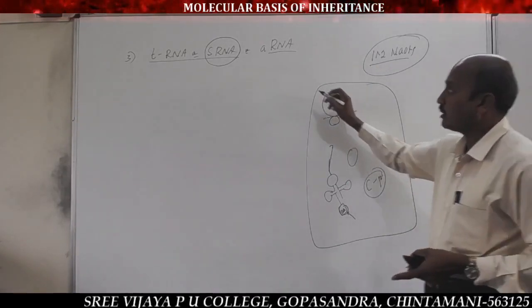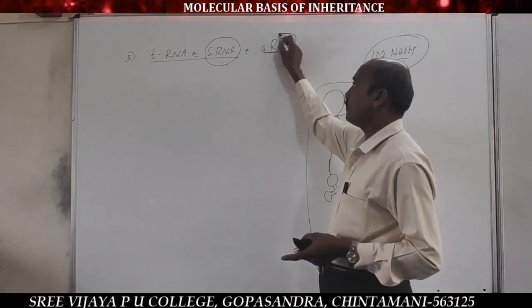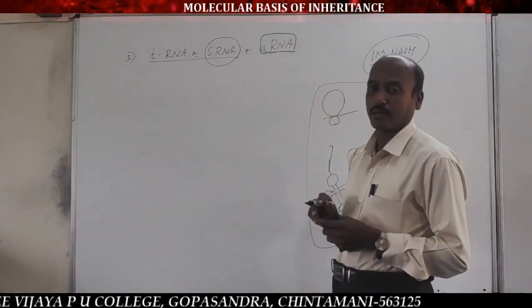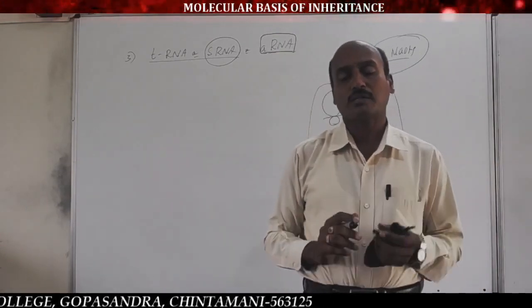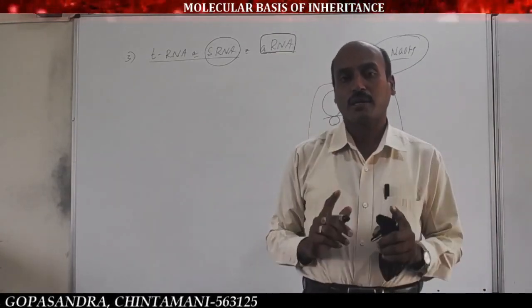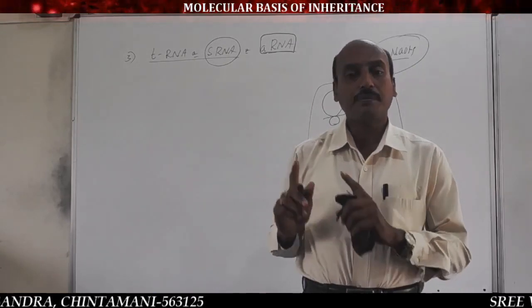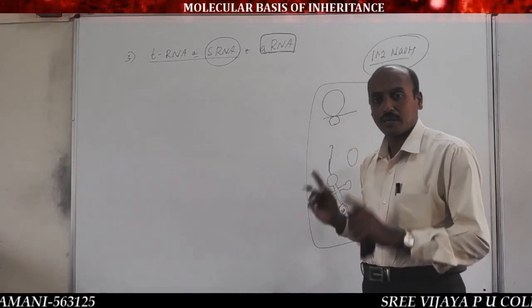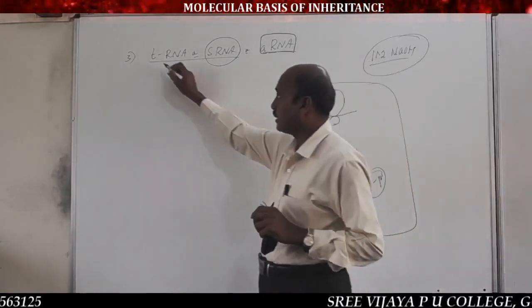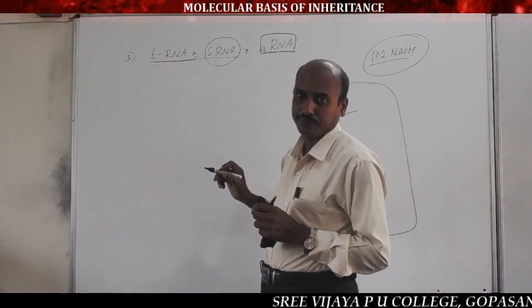That's why it is also called adapter RNA. Important: two years back, a board exam question, final exam question: name the RNA that acts as adapter RNA. The right answer is tRNA, transfer RNA.